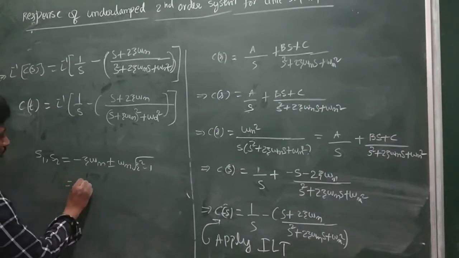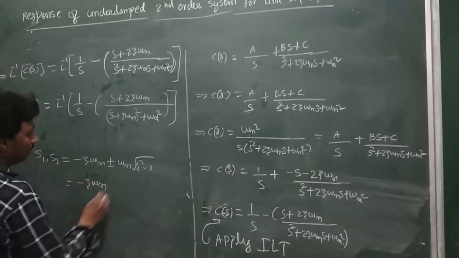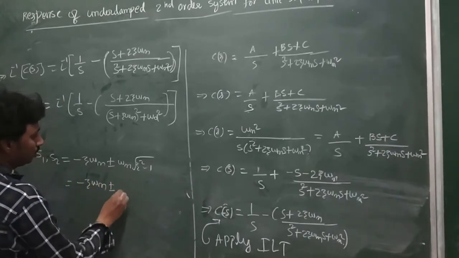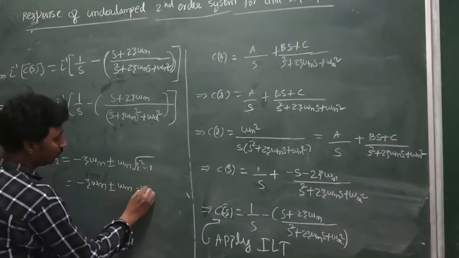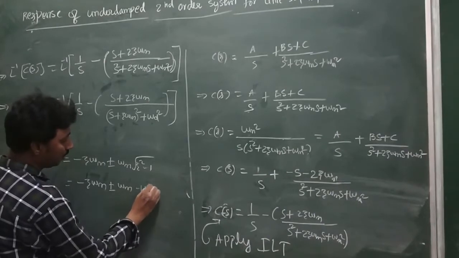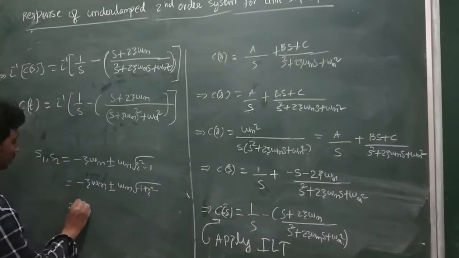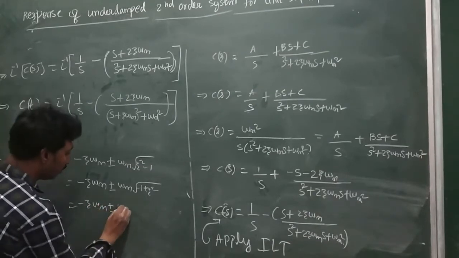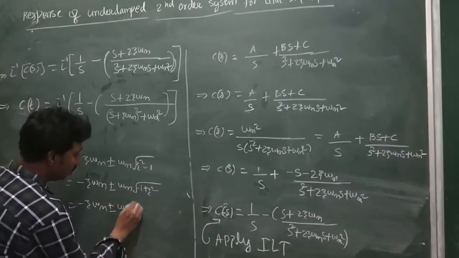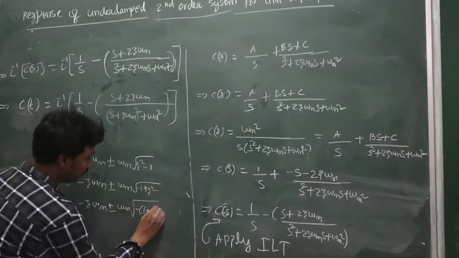So I am going to write like this, plus or minus omega n root of minus 1 plus zeta square. So I am going to write like this, omega n plus or minus. So I am going to take a minus common here, minus 1 minus zeta square.